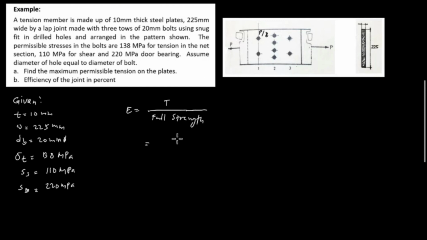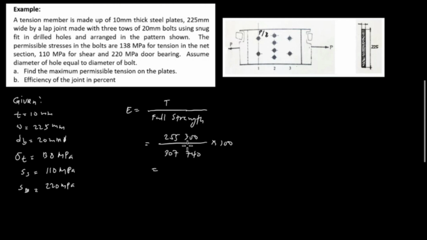and the maximum tension on the plates is equivalent to 255,300, and we divide by the full strength, which is equivalent to, based on the gross section previously, 307,740, and we multiply by 100 to get the percentage or the efficiency of the joint.